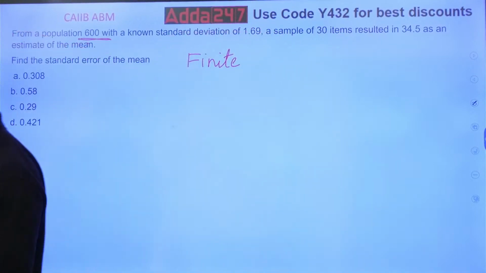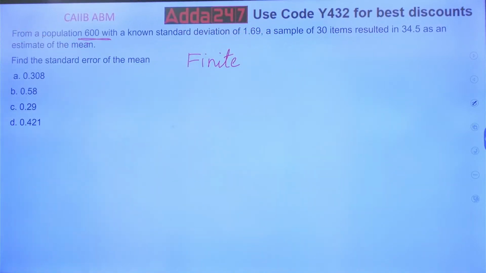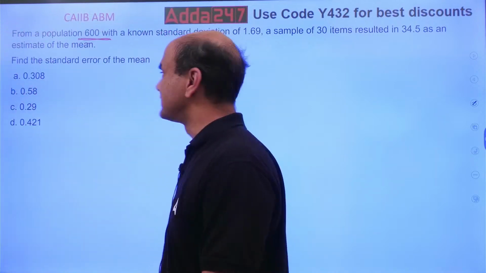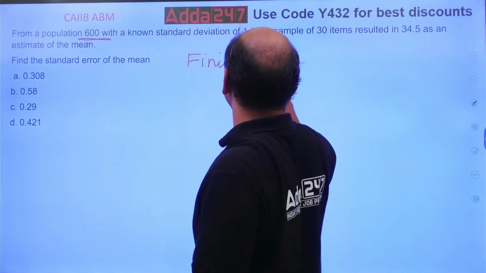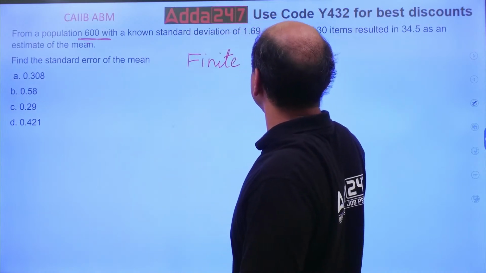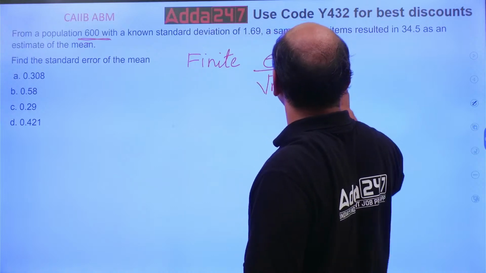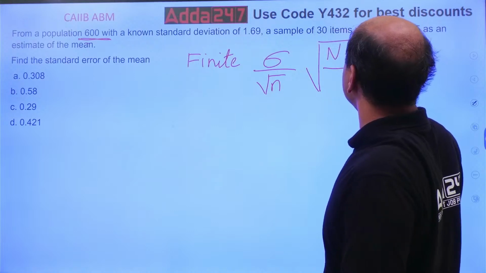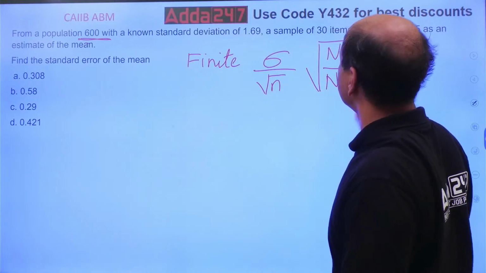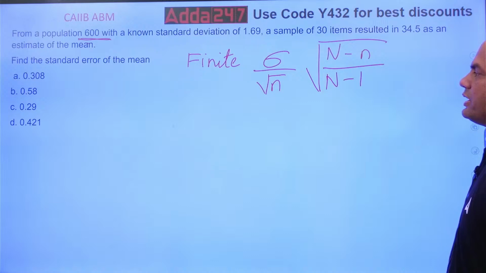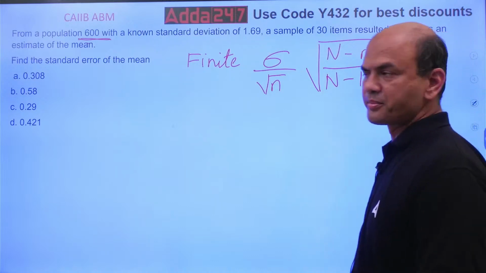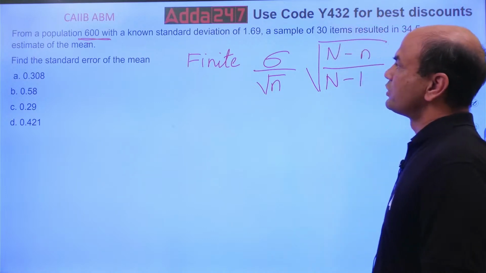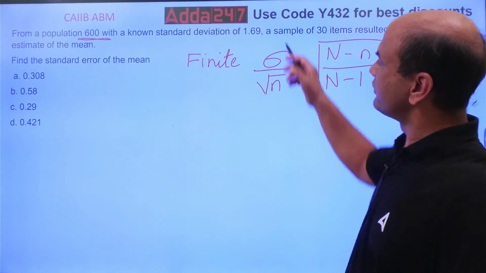Now the standard error formula for finite population is different. What is the formula? Sigma upon root of n into root of (N minus n) upon (N minus 1). Sigma, the standard deviation, is given: 1.69.